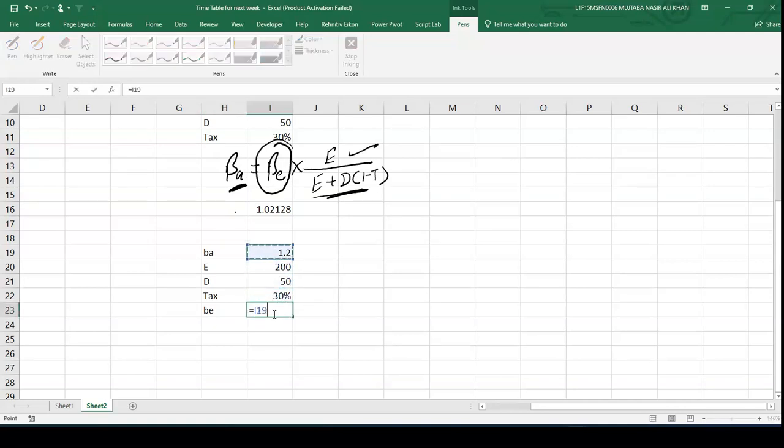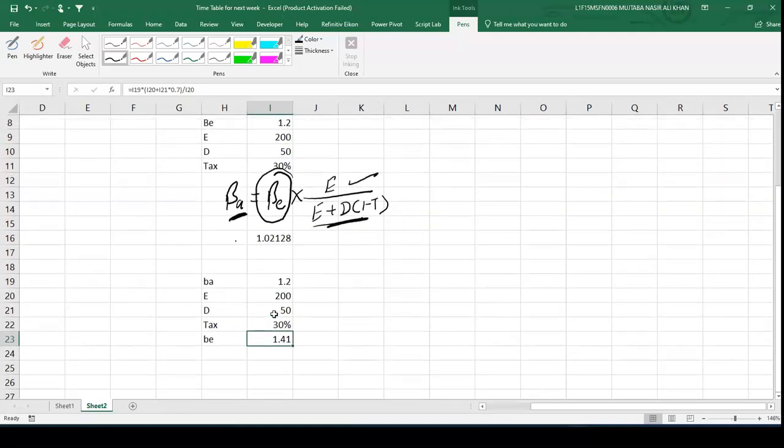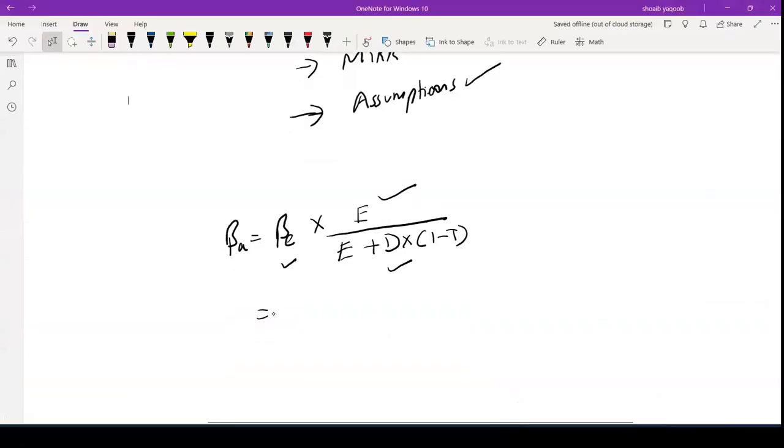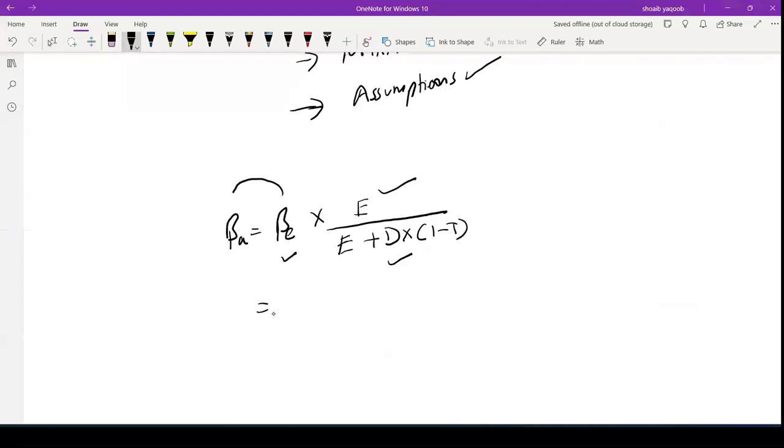Beta asset into equity plus debt 1 minus t divided by equity. Beta equity is 1.41. That's how you will calculate here. Okay. So moving from beta equity to beta asset is ungearing, and moving from beta asset to beta equity is regearing.